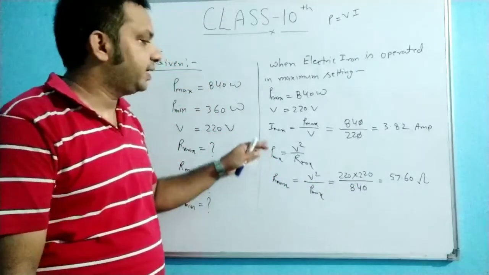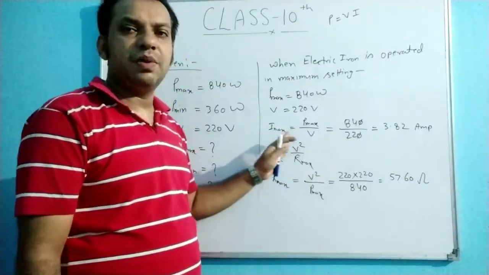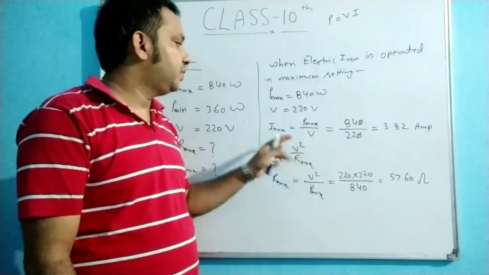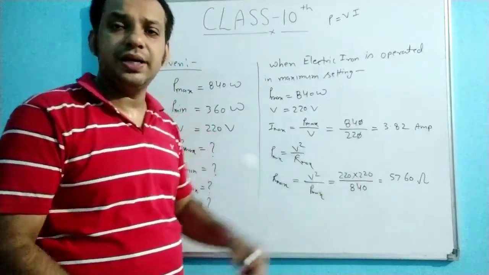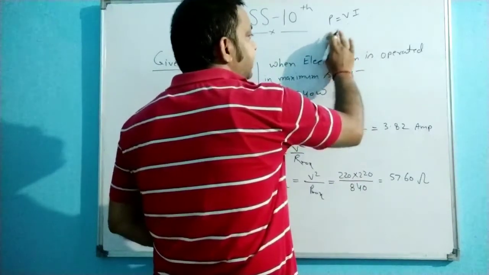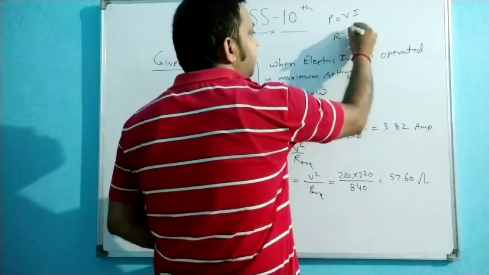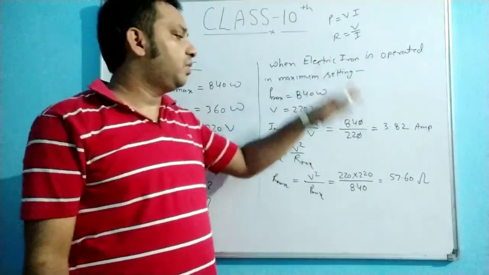We can also apply Ohm's law here, V is equal to IR. You know the value of the voltage and the value of the current, so you can find R is V by I, and by putting the values you will get the same value.